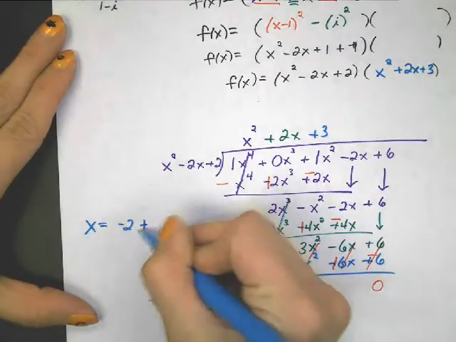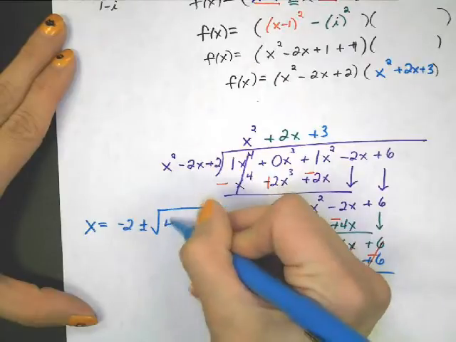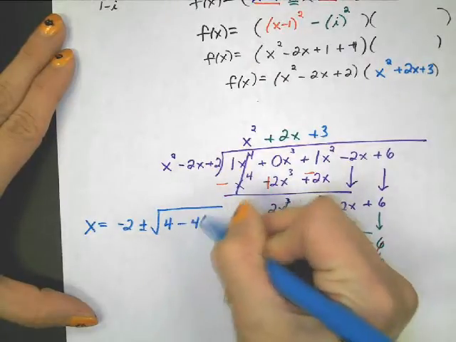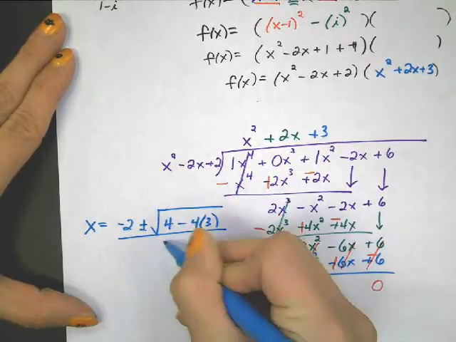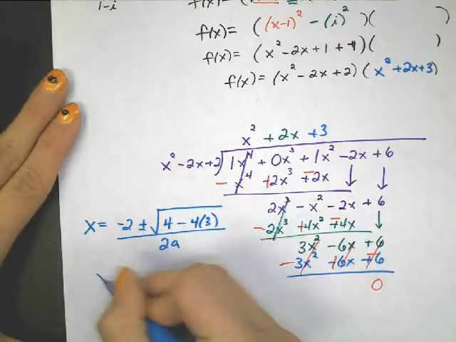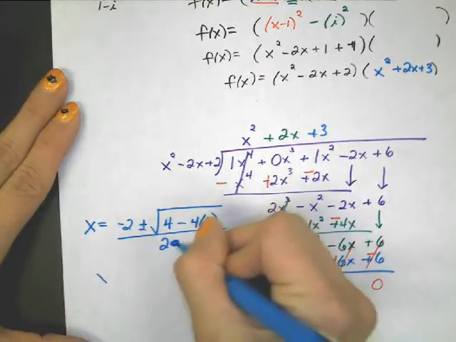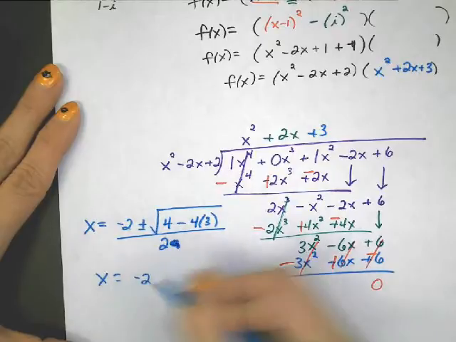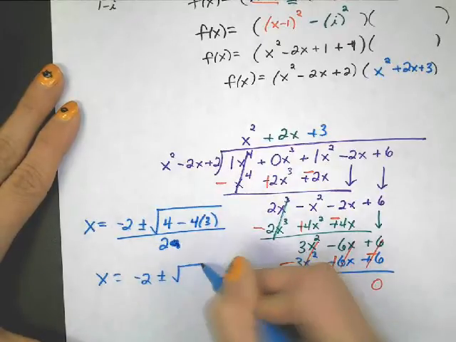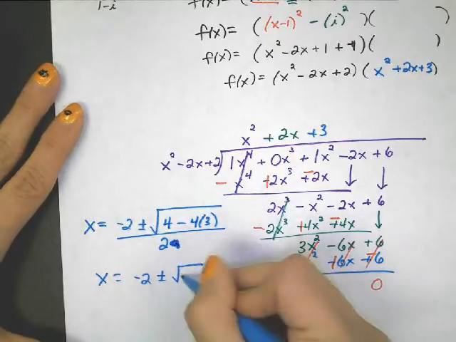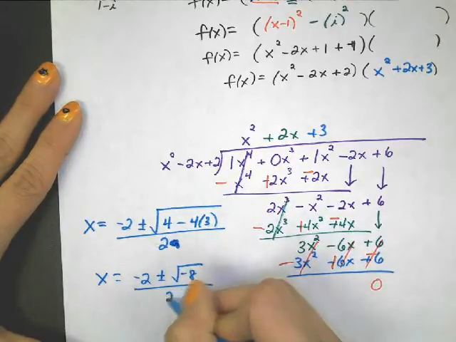Negative b plus or minus the square root of b squared minus 4ac all over 2a. So, 2a, 2 times 1. x is negative 2 plus or minus the square root of 4 minus 12, negative 8.